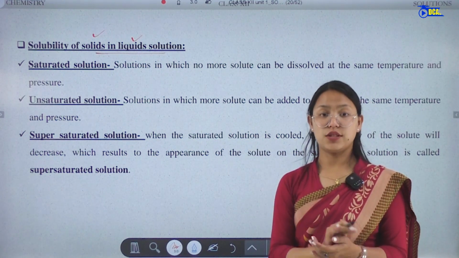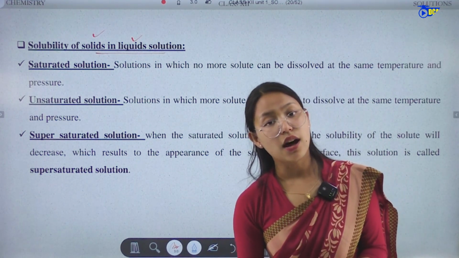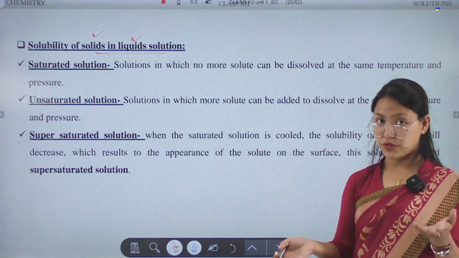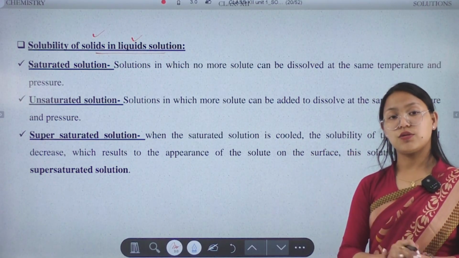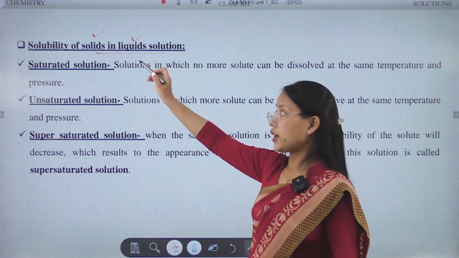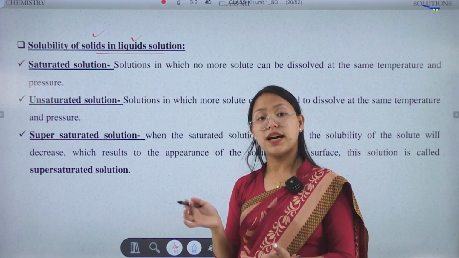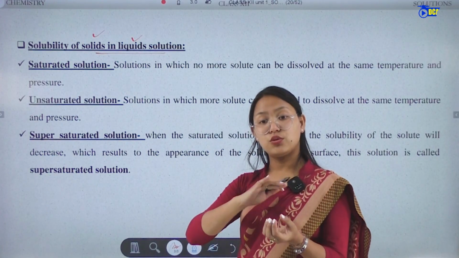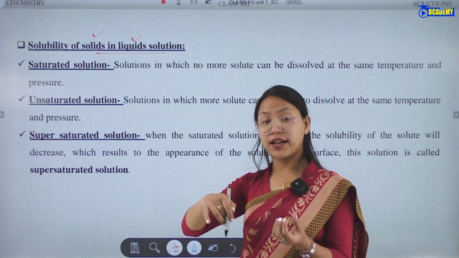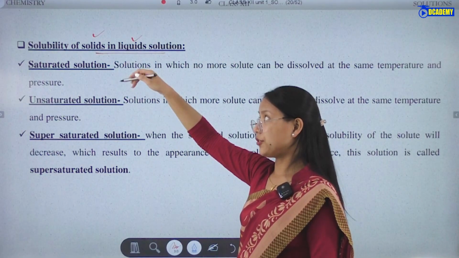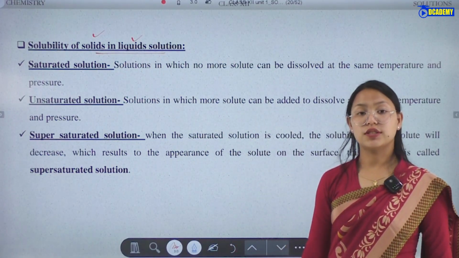But there comes a stage where no more can dissolve, and it is known as the saturated solution. When solid is added and it dissolves, it is unsaturated. When it reaches the stage where no more dissolves, it is a saturated solution.